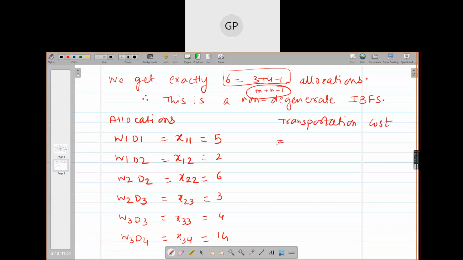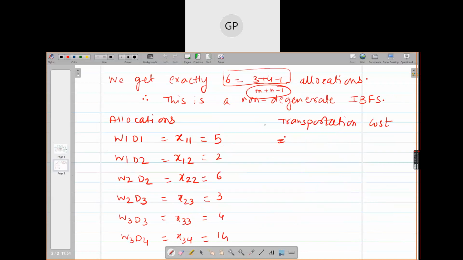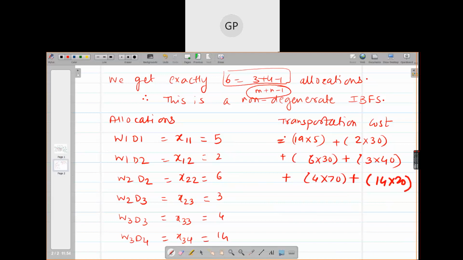And then you have to calculate the transportation cost. It is 19 into 5 plus 2 into 30 plus 6 into 30 plus 3 into 40 plus 4 into 70 plus 14 into 20.